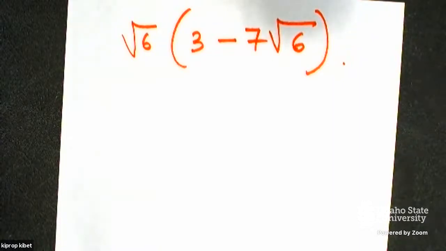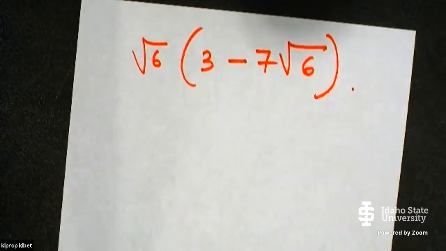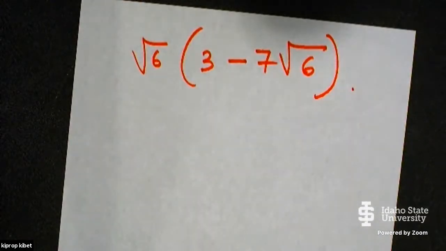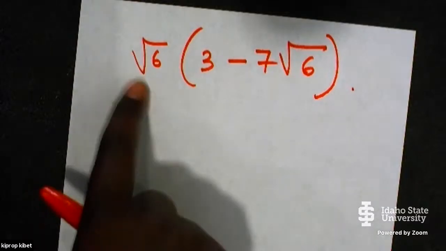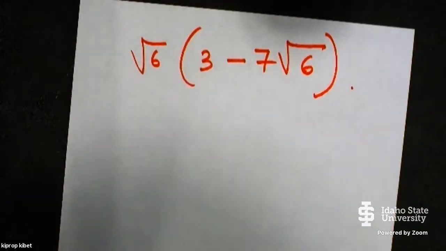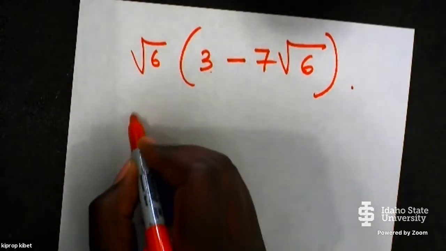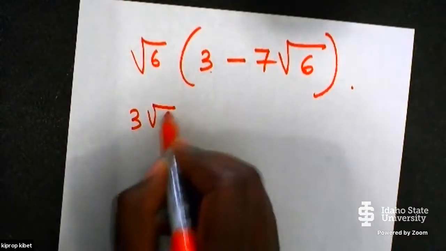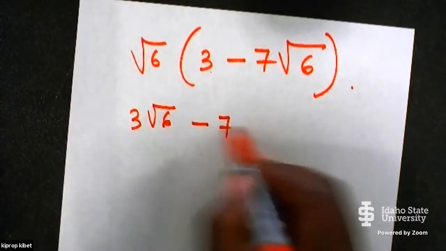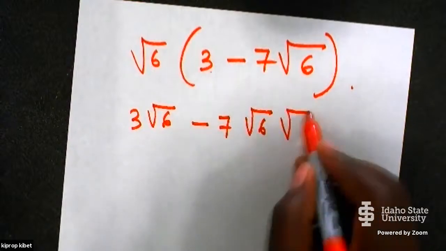Oh, sorry, that's the square root of 6. So we distribute the what? The square root of 6. So multiply. So you get 3 the square root of 6 minus 7 the square root of 6 times the square root of 6.